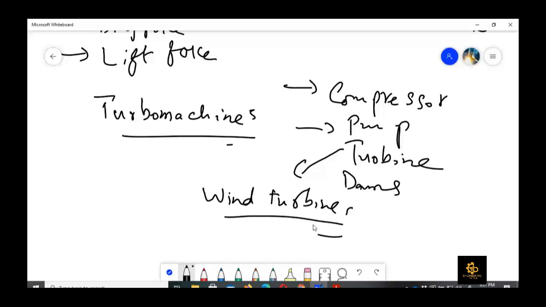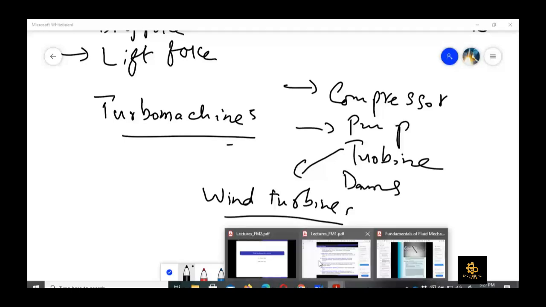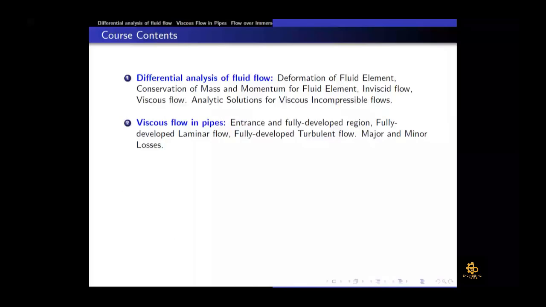So we would try to cover as much as possible from the turbo machines, so that you can be well equipped with the fundamental principles of these two types of turbo machines. And so these are the four major topics which we are going to cover here.